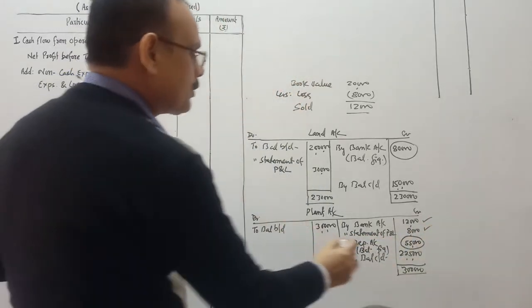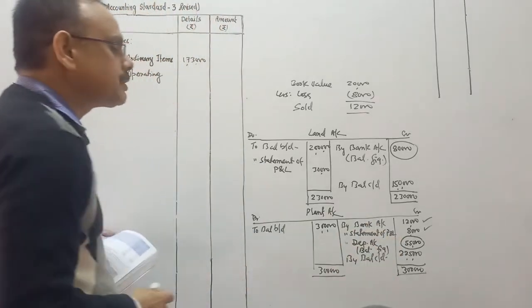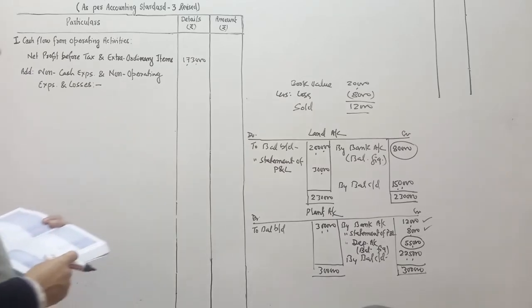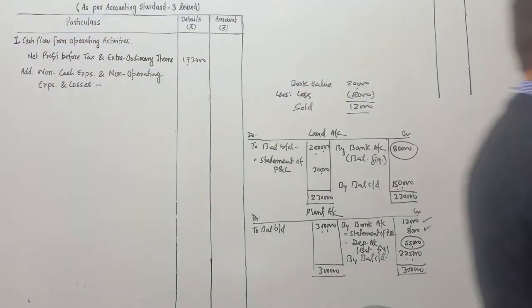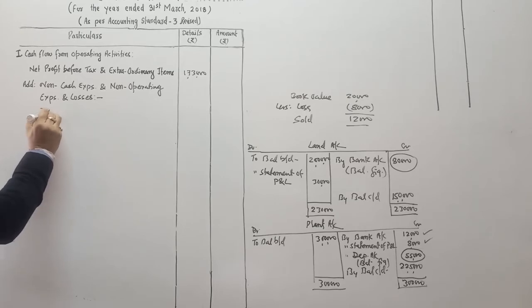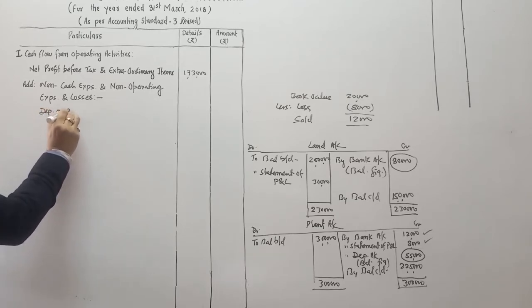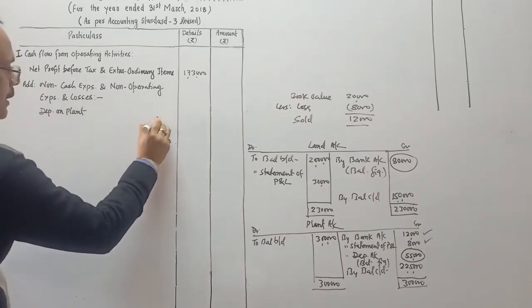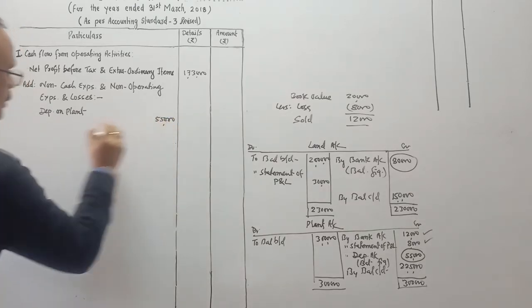And the difference amount indicates the depreciation charged on plant during the year, that is 55,000. Is it clear? So we will write it over here, depreciation on plant, 55,000.